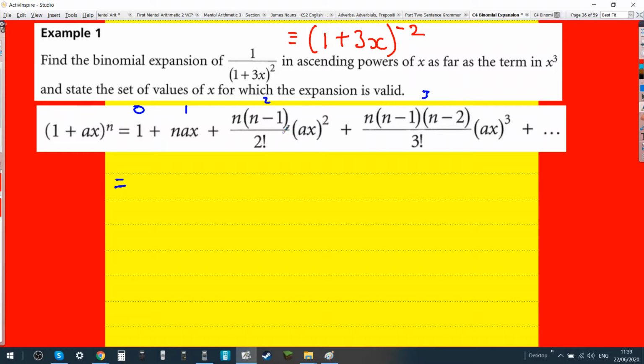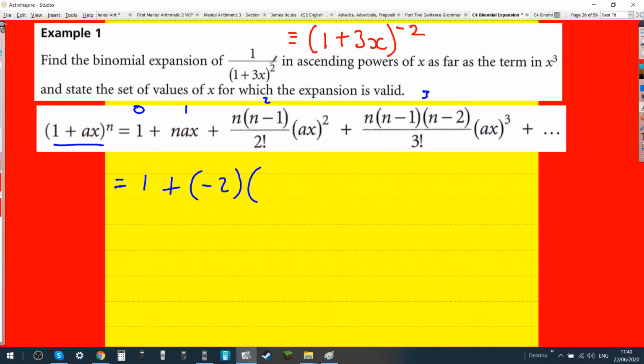So 1 plus -2 ax. It goes like ax to the n.